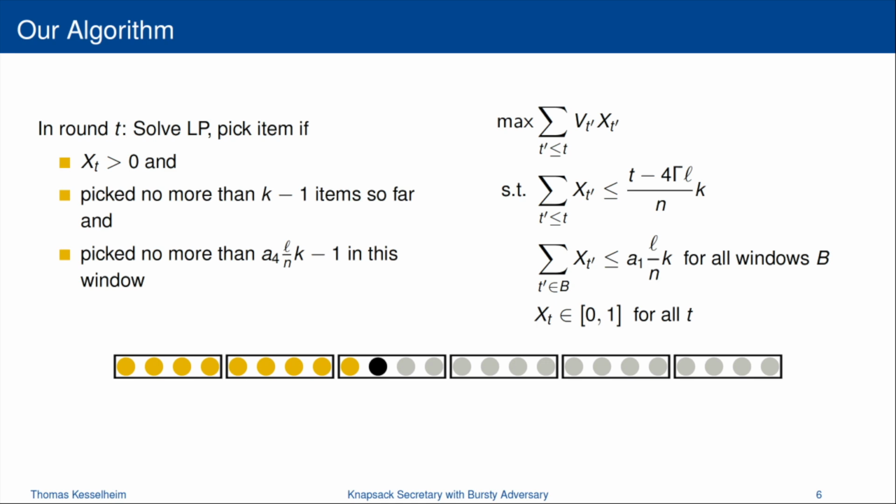This LP is trying to infer what the random order optimum so far might have looked like. It exploits the fact that this random order optimum is spread out evenly over all these random order rounds, just because we have a random order.